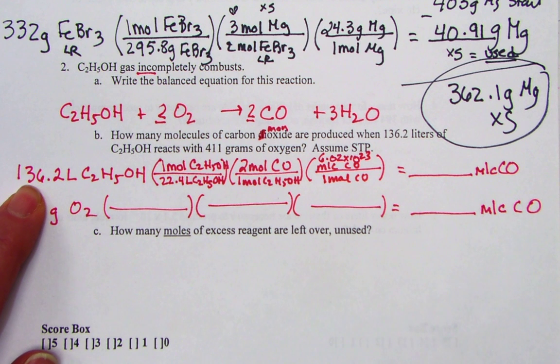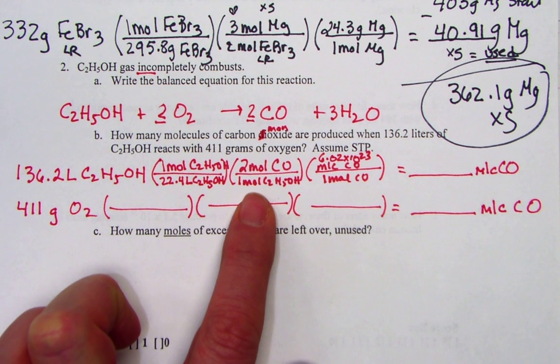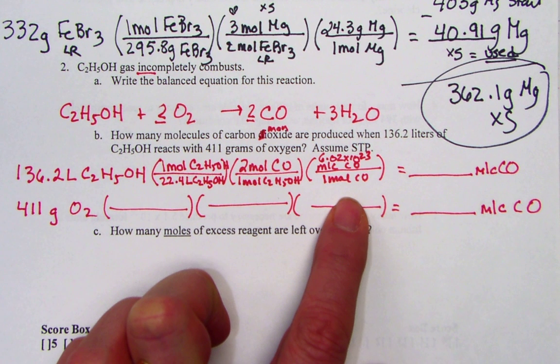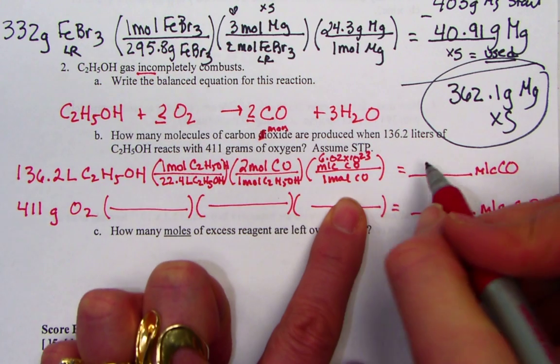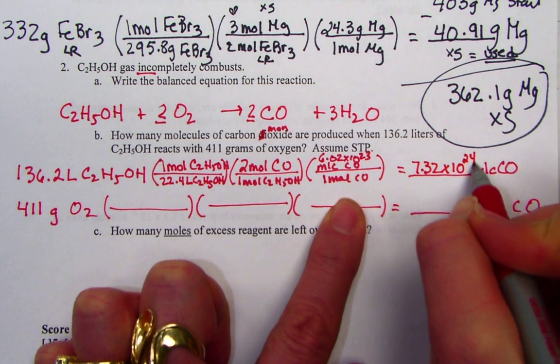We'll start with 136.2 liters divided by the molar volume, 22.4, times 2 times Avogadro. I get 7.32 times 10 to the 24th molecules of CO.